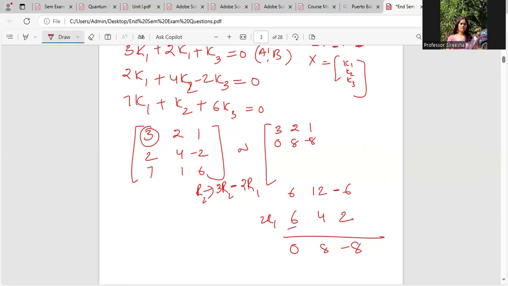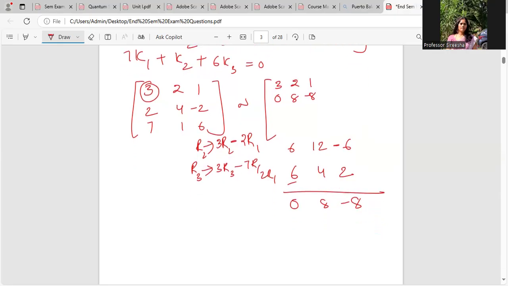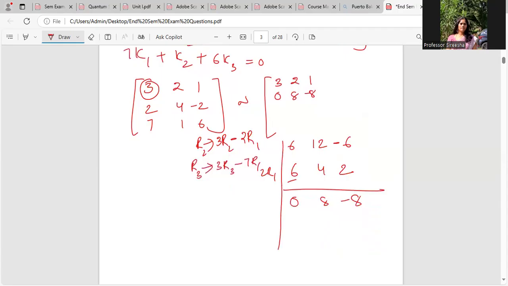For the third row, the first element should be 0. So for R3, 7 I will multiply with 3, that is 3R3, and 3 I will multiply with 7. Not a big deal, just to make that first element common. 7 3's is 21, 3 and 6 3's is 18. And then 3 7's is 21, 3 2's is 6, 3 1's is 3. I'll be subtracting.